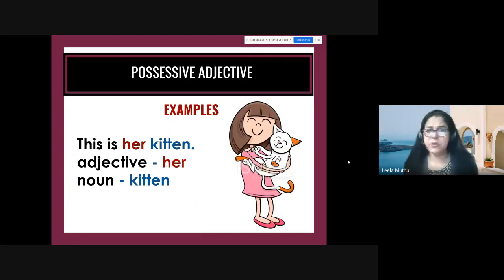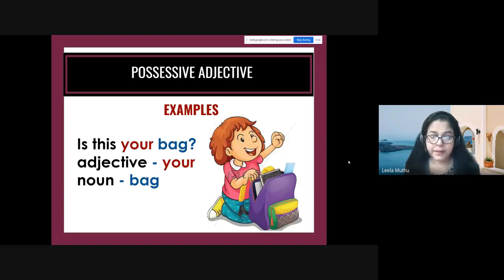This is her kitten, nobody else's. The kitten belongs to her. Her comes before the noun and shows ownership. It is a possessive adjective. Is this your bag? Your comes before the word bag. Therefore, your is a possessive adjective in this sentence. But remember, if the pronoun is not followed by a noun, it is not an adjective at all.